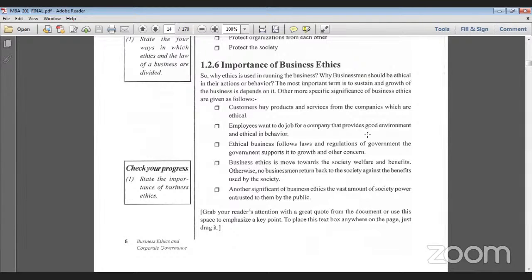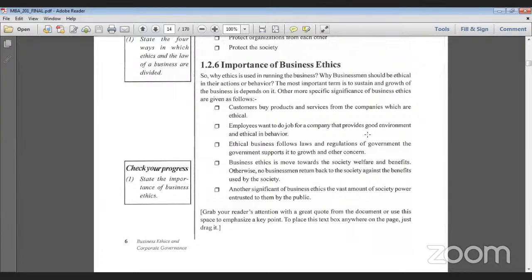Launched by the business people. Now over here, they are following the rules and regulations laid down by the government.